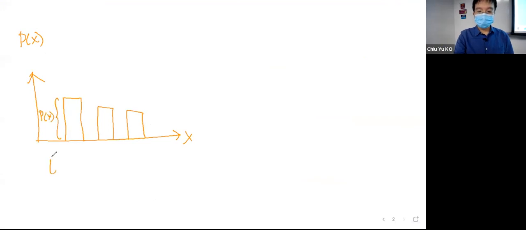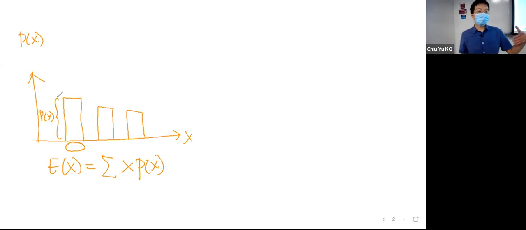So expectation is given by the summation of x times p of x. Basically it's what this value is multiplied by the height. It's the bar graph: the number here, you multiply by the height. That is what we mean by expectation in the sense of a bar chart.